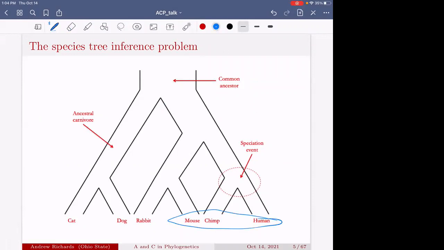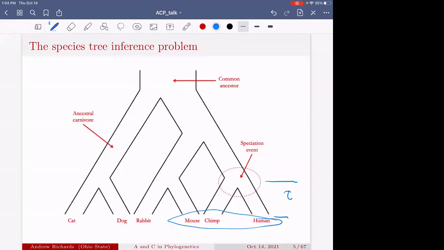In other words, are the human and the chimp more closely related to each other than either is to the mouse, or vice versa? And we're also interested in the speciation times. So, what is the distance here, which we call tau, the speciation time in this example between a human and a chimp? Those are the things we're typically concerned with in this inference problem.